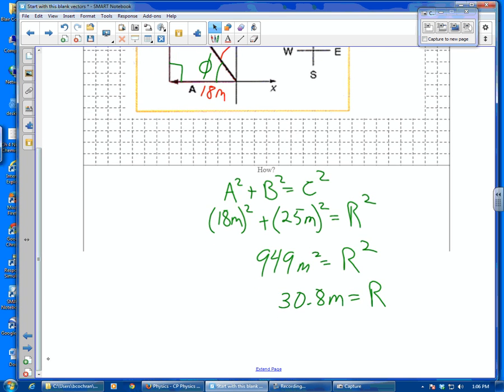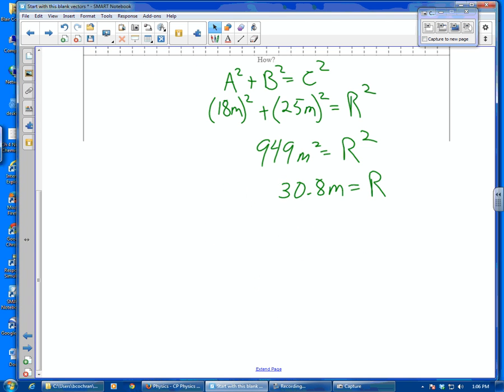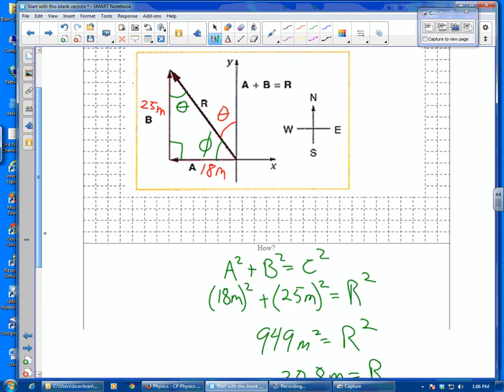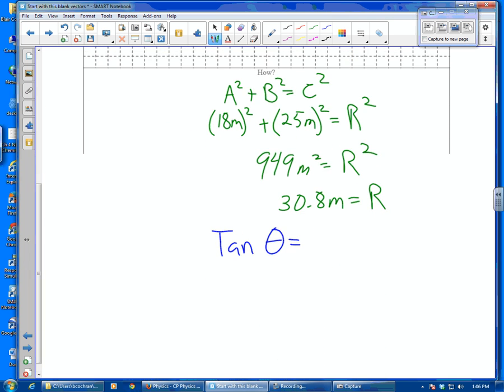So I'm going to do that. Tangent of theta is the opposite side, which is 18 meters, over the adjacent side, the one next to it, which is 25 meters. Right? Everyone see how I got those to fill in there?